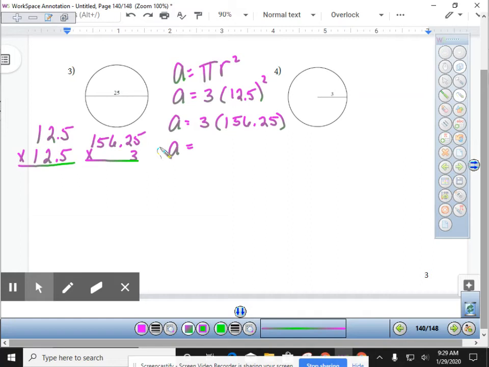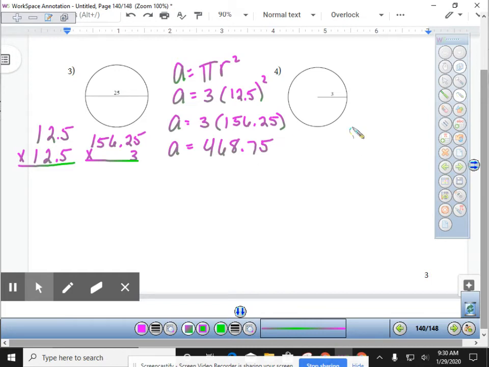How do I know that? 15 times 3 is 45, and 150 times 3 is 450. We give everybody the opportunity to do it. Y'all are a class that actually likes to work things out, most of you. And what did we get? 168.75.